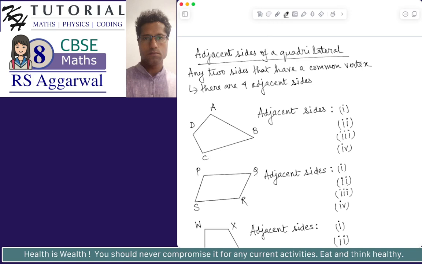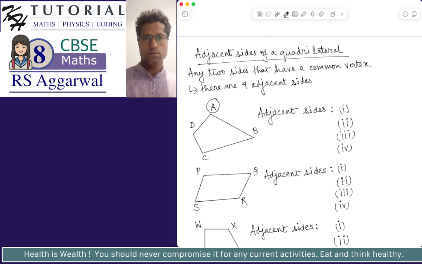You can see, so how many pairs of adjacent sides are there? There are four pairs of adjacent sides, because there are four vertices of a quadrilateral, and you can understand that every vertex is a common endpoint to two sides.